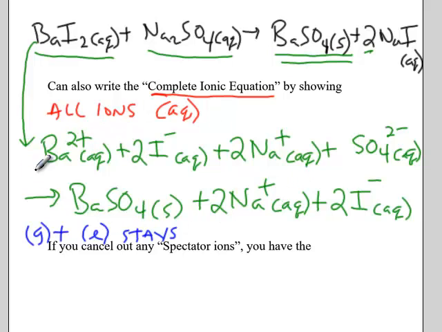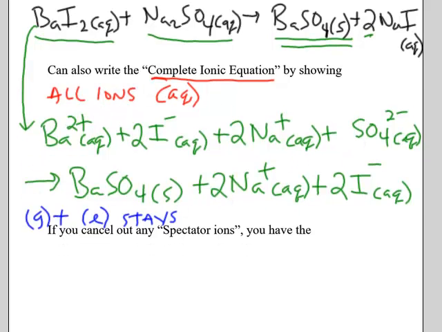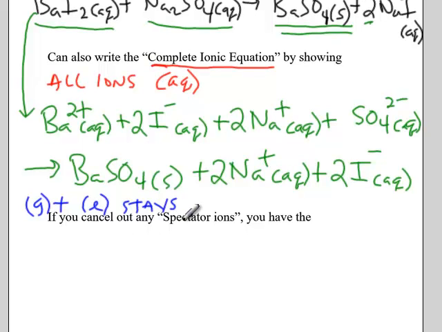This green complete ionic equation is not the most useful equation. In many ways, the most useful is called the net ionic equation, which cancels out anything that's not participating in the reaction. So in this green example, if you look at the reactants, we have two sodium cations.